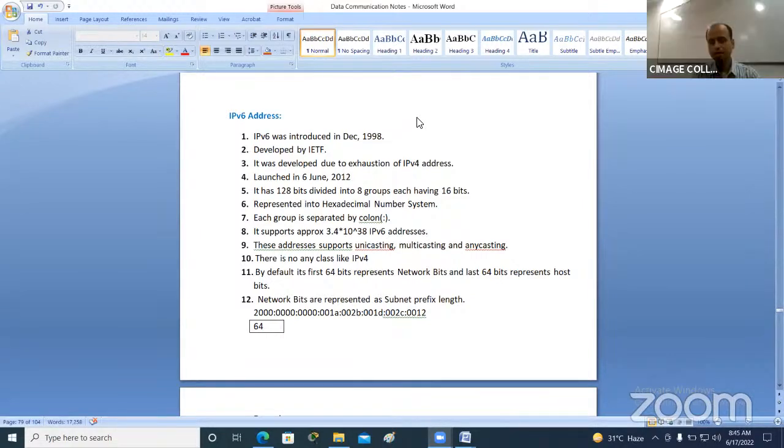Anycasting is similar to broadcasting, but for anycasting, a link local IP address is assigned to each and every node. And if there is a need, with this IP address, anycasting can be done. Anycasting is a process in which a node can communicate with multiple nodes.